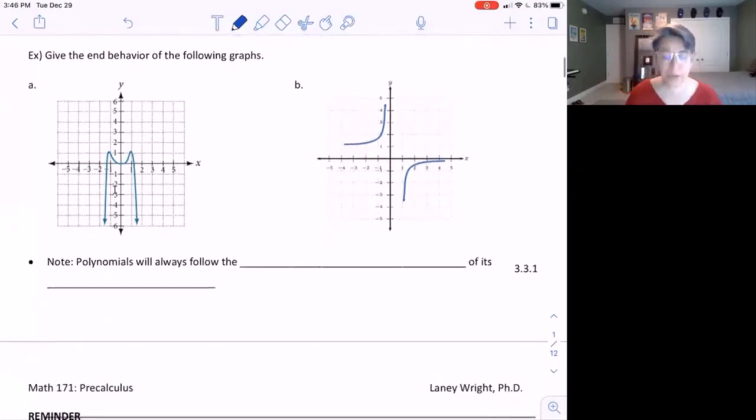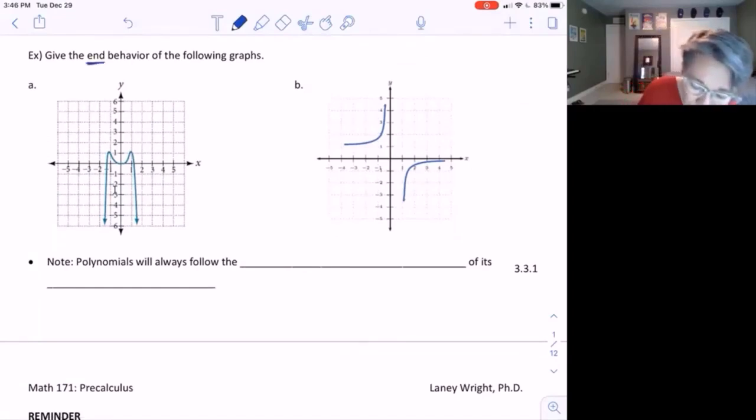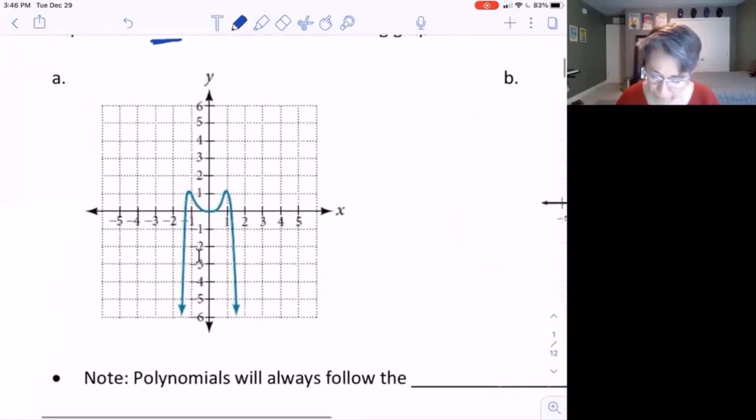We want to give the end behavior of these following two graphs. The nice thing about end behavior is we don't care what's happening in the middle. Okay, we're only looking at the arrows at the ends as we're going left to right. So in this first example here in A, we can focus to the left.